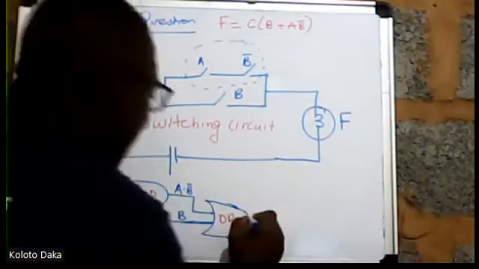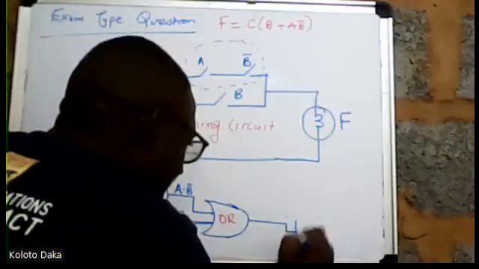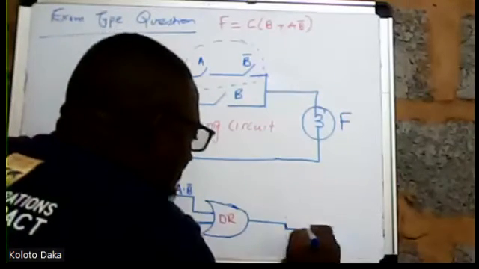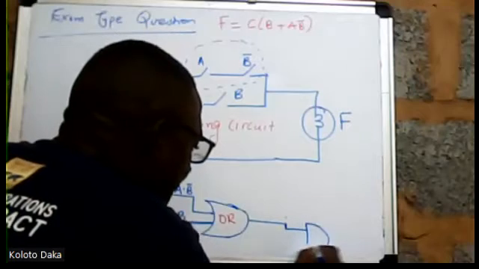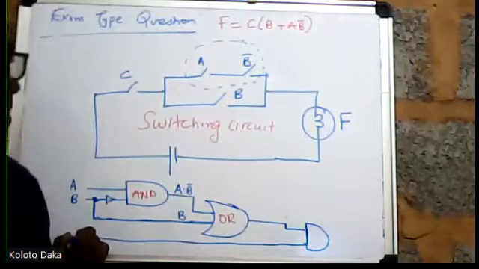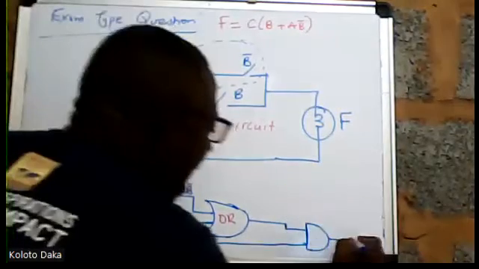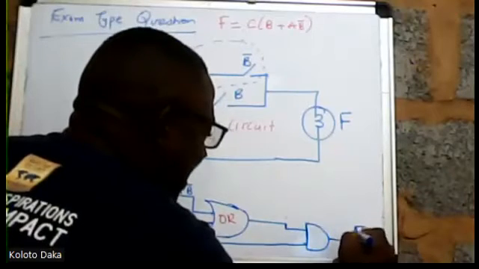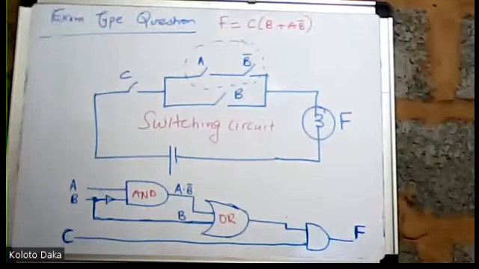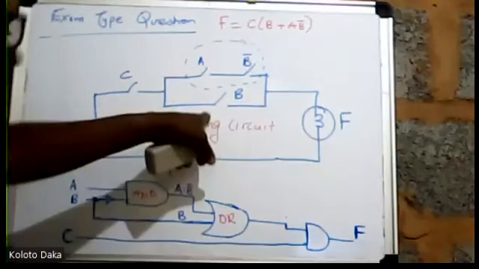From here, these are in series. Everything here goes in series to C. And out here, we have our output F. So this is a switching circuit.